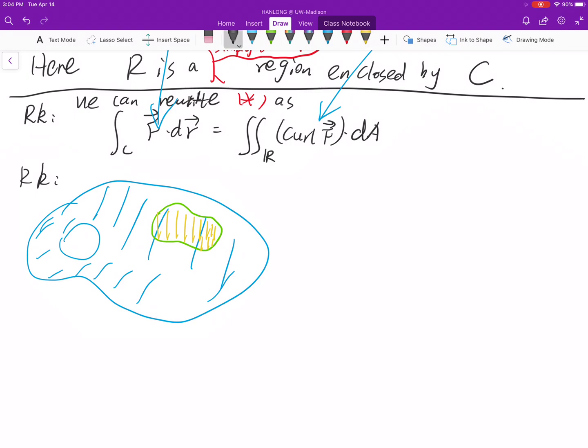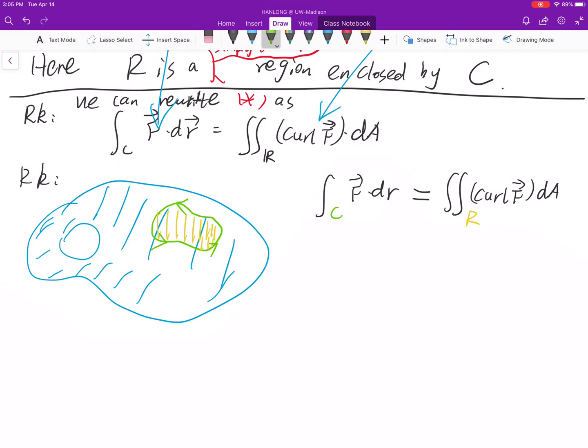Okay, so the integration over C equals the double integral of curl F dA over R. And here the orientation means counterclockwise, so you go this way.